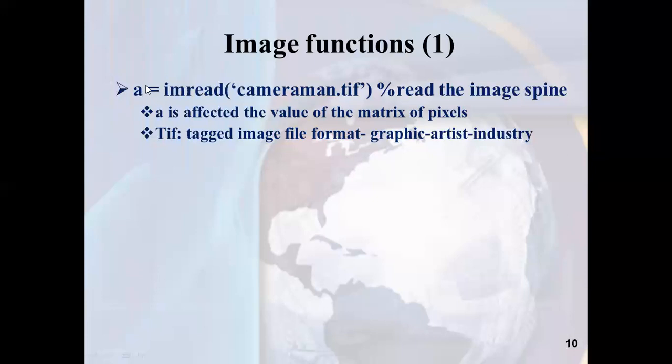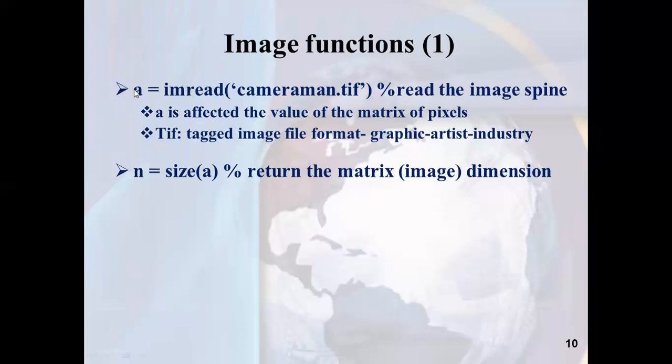Of course, any value nearest 0 is a dark color. Any value nearest 255 means its associated pixel is a light gray color. Okay, TIFF is a format, tagged image file format, used in the graphic artist industry.